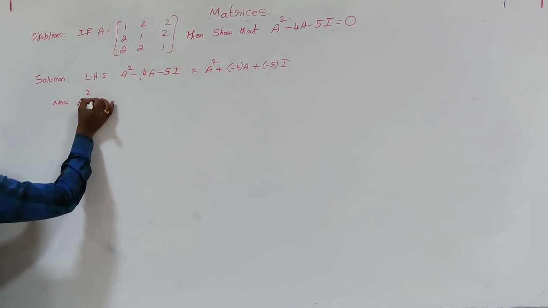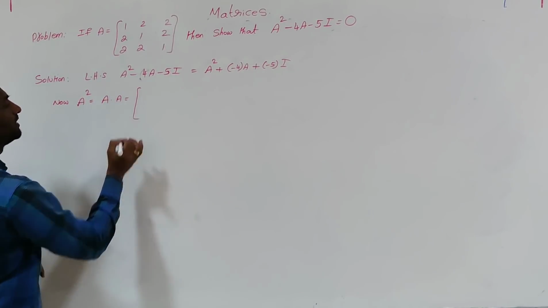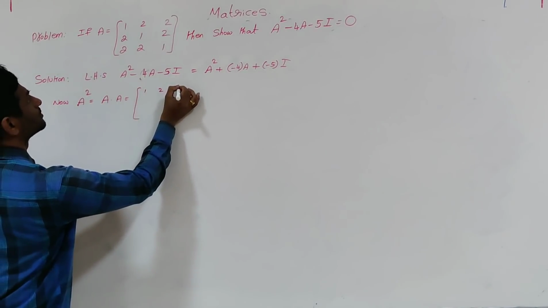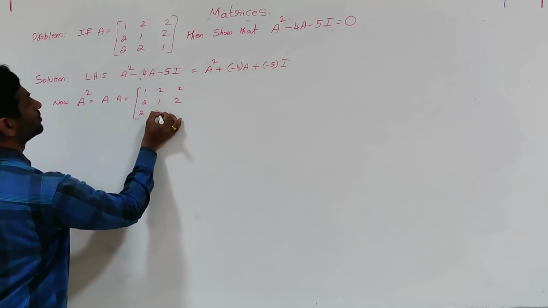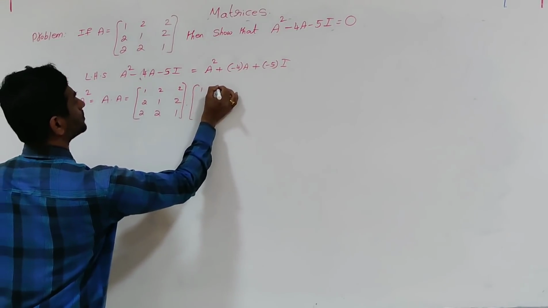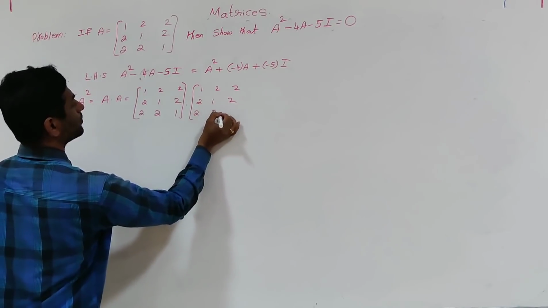A square means A into A, means a matrix is multiplied with itself: 1 2 2, 2 1 2, 2 2 1 into 1 2 2, 2 1 2, 2 2 1.